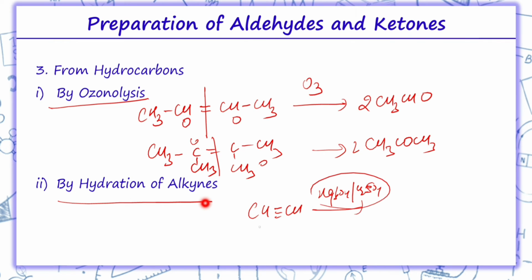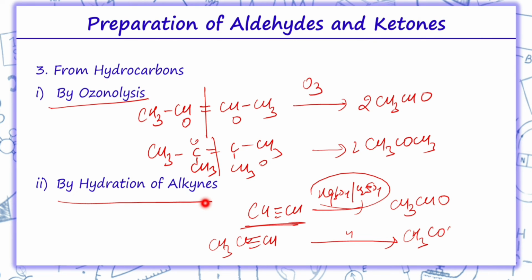If we are taking ethyne, in this case we will get aldehyde, but if we take propyne or butyne, in all these cases we will be getting ketone. So, ethyne gives aldehyde, and all other alkynes except ethyne will give ketone.